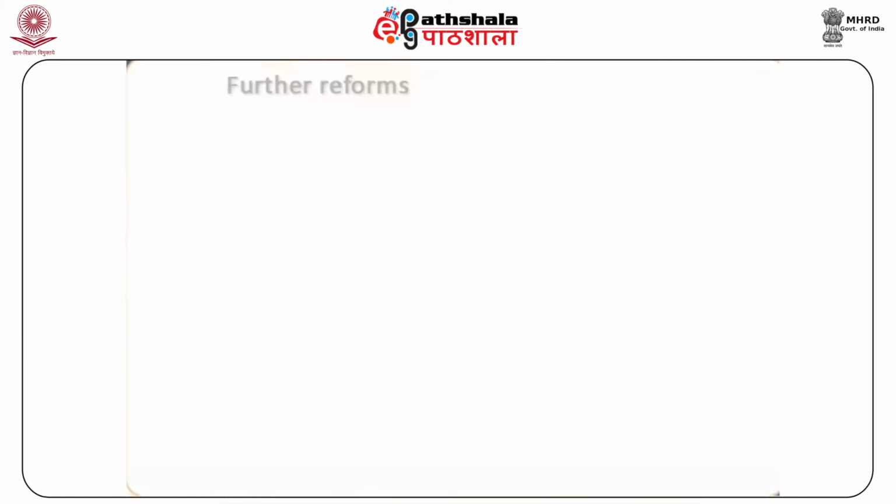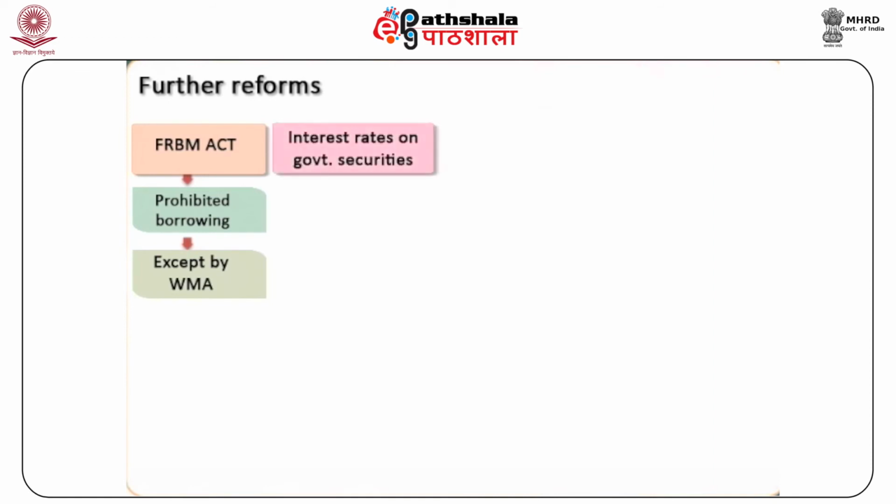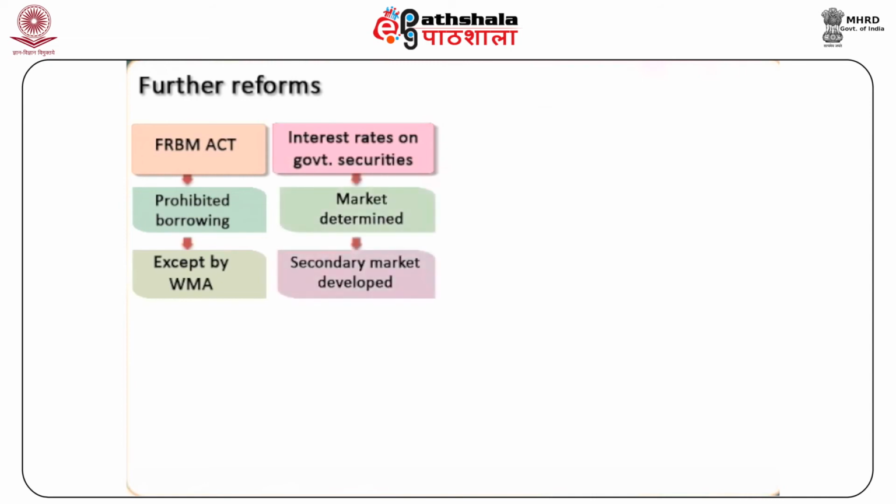A number of other important changes were made to improve the working of the monetary policy. The Fiscal Responsibility and Budget Management Act was enacted in August 2003. This act prohibited direct borrowings by the Centre from the RBI except by ways and means advances. Interest rates on government securities became market determined and a secondary market of government securities developed.